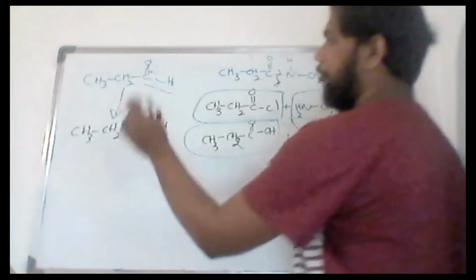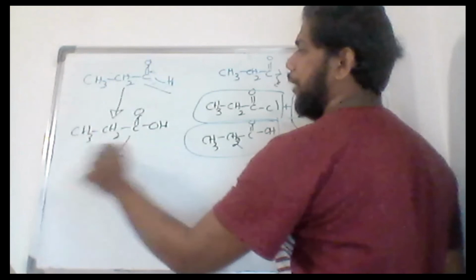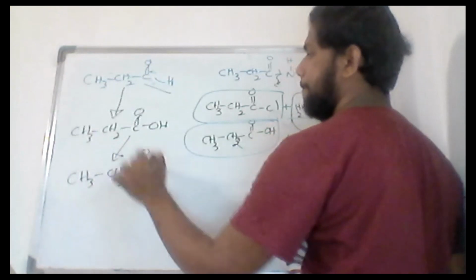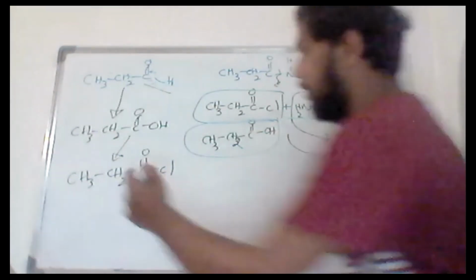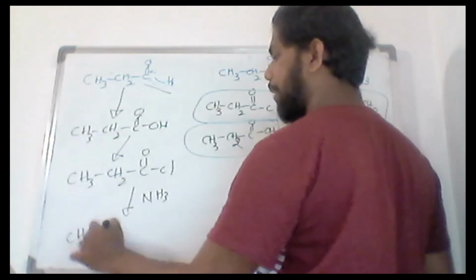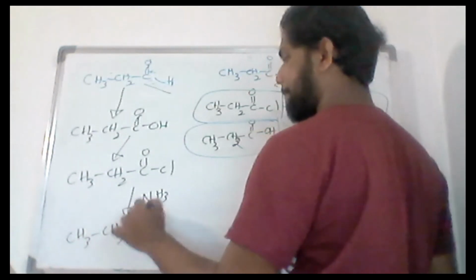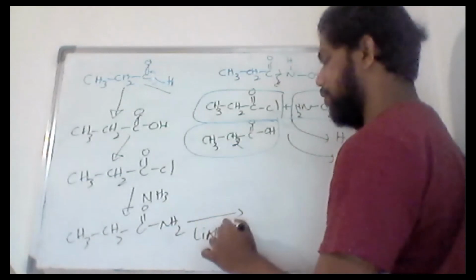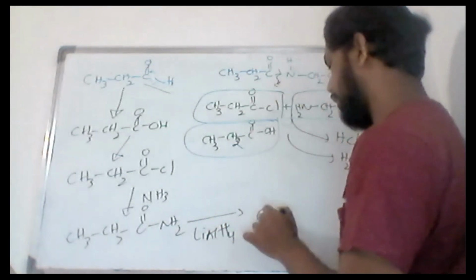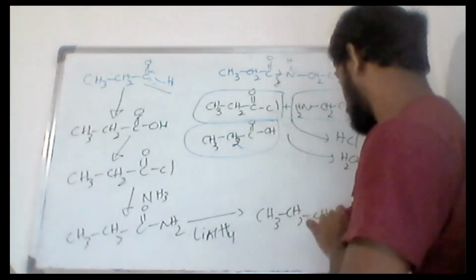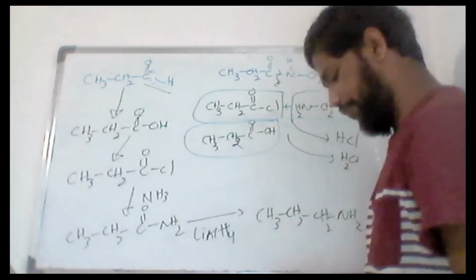Okay, so if you have this one, you can just go with COCl, then you add ammonia to form the amide, and you reduce with lithium aluminium hydride, and it will form CH3, CH2, CH2, NH2.